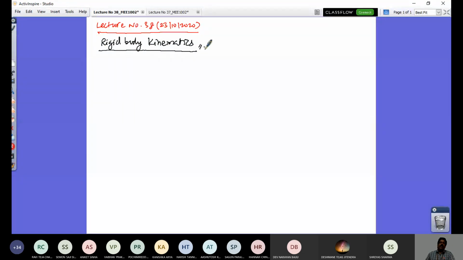So the moment you say that, you will see that rotation comes into picture. So what we have seen so far is translation alone, in case of particle kinematics.